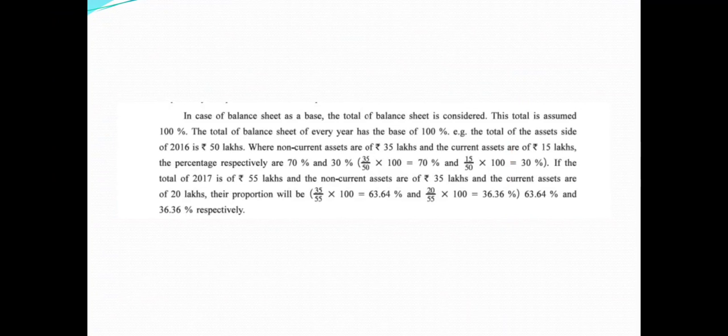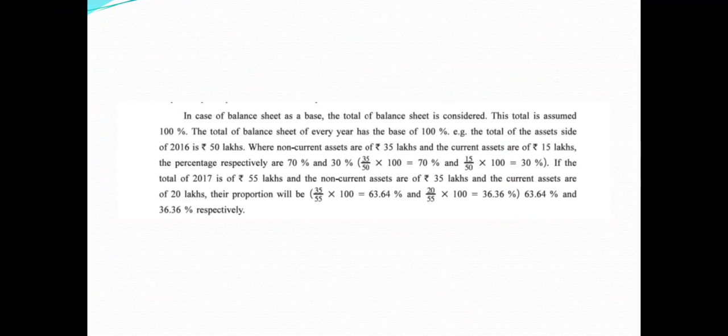For example, suppose the total of asset side of 2016 is 50 lakh, where non-current assets are 35 lakh and current assets are 15 lakh.